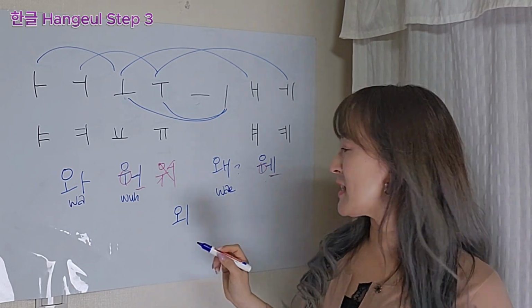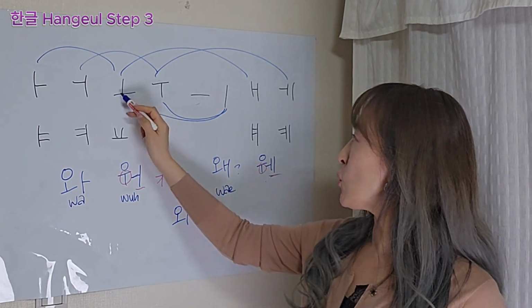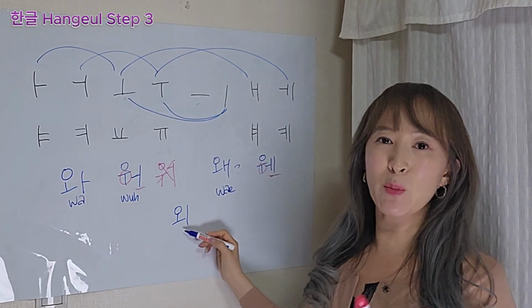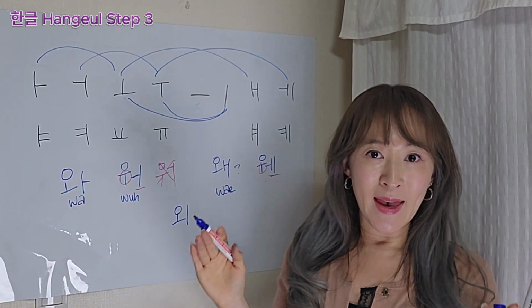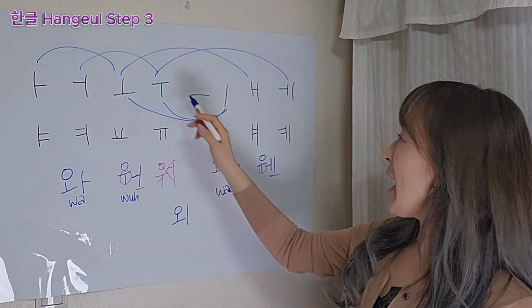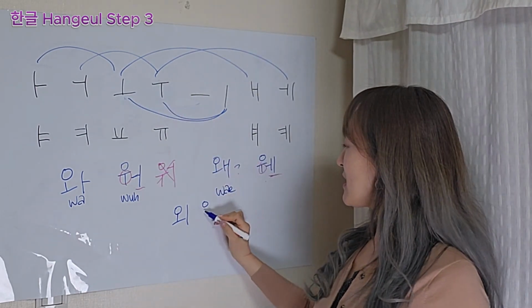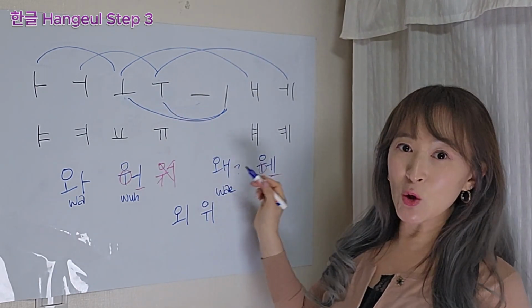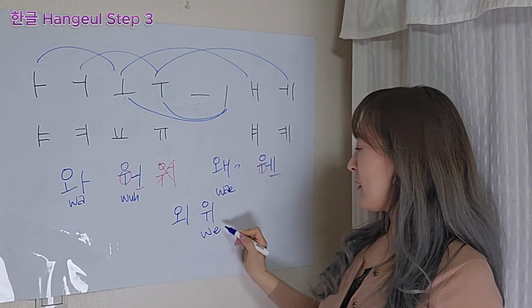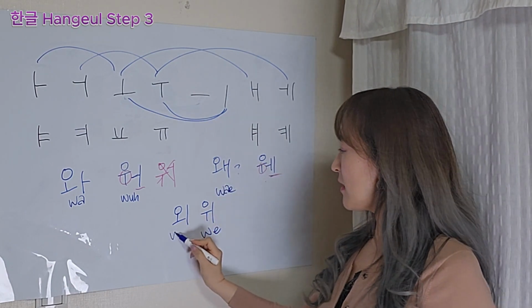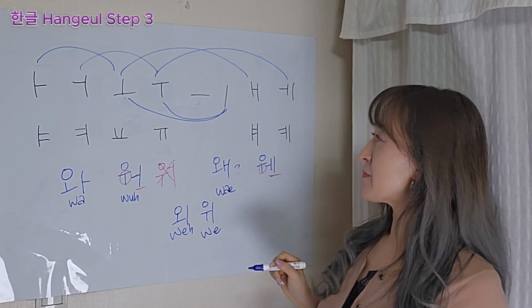Be careful, it's not oi. This is O, this is E, but it's not pronounced as oi. It's we. And this U and E, it's ui quickly, so we. This is like, maybe like this.